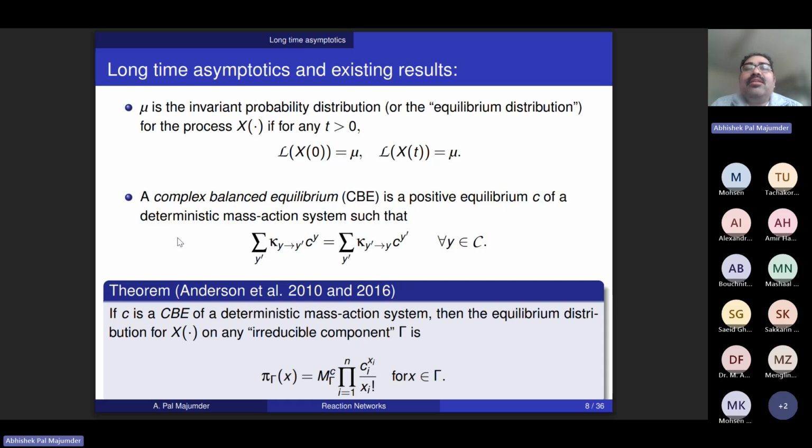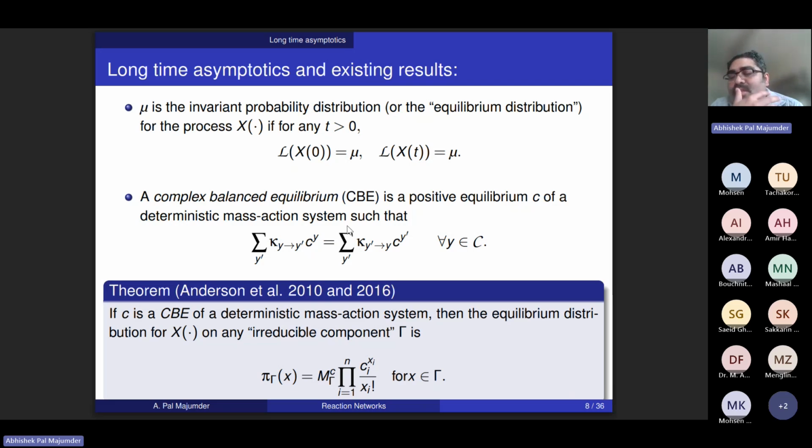If a reaction network contains a complex balanced equilibrium, then it is shown by Anderson, Craciun and Kurtz in 2016 that the corresponding stochastic model will have an equilibrium distribution that is given as a product form of Poisson type mass function. That basically means that M gamma is the normalizing factor, and pi gamma of x is proportional to the product of ci to the power xi divided by xi factorial, where these ci are coming from the complex balanced equilibrium, which we assume the corresponding reaction network holds.